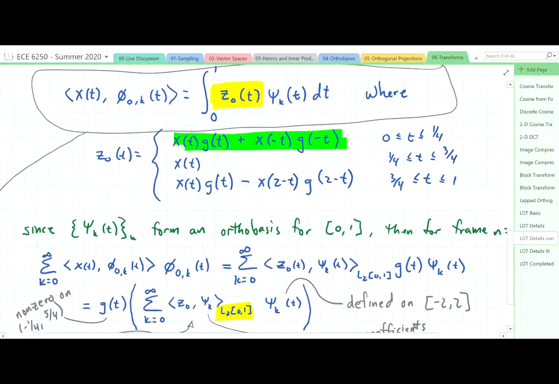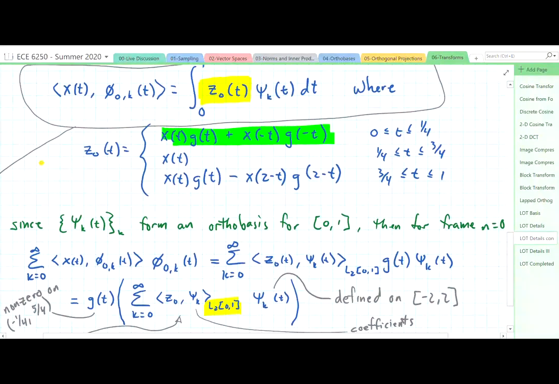Okay, well, since our psi k of t we already know form an orthobasis for 0, 1, then for that frame we know that it can represent z naught of t.